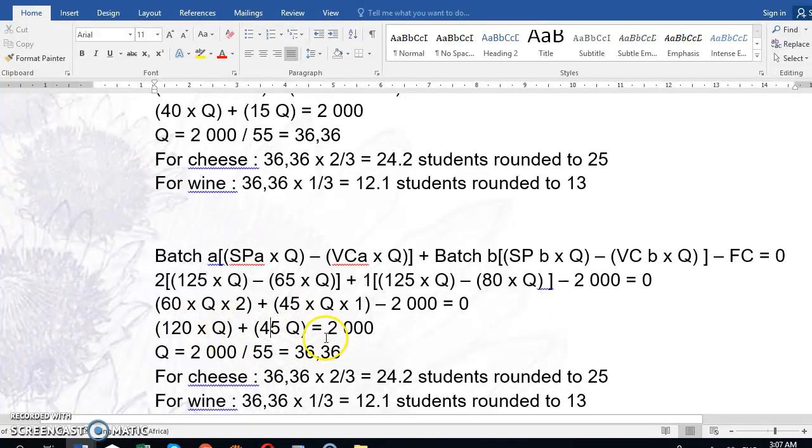So instead of 2000 divided by 55, we have 2000 divided by 165, which gives you roughly 12.1.